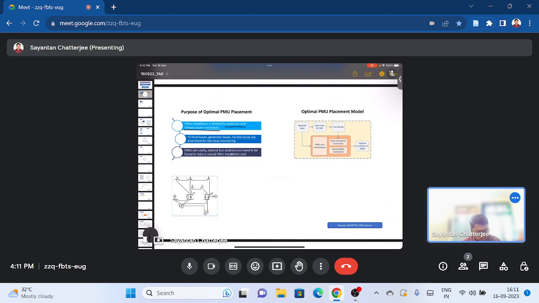okay, let's just wait. So mainly the purpose of optimal PMU placement, just 1 minute, just 1 minute.